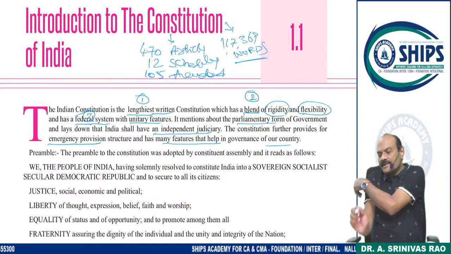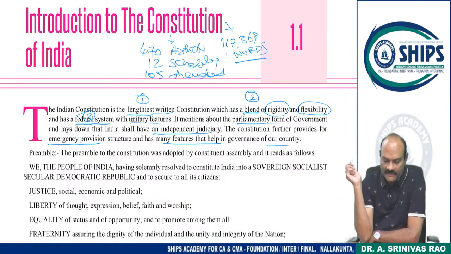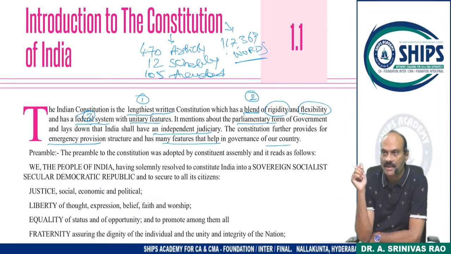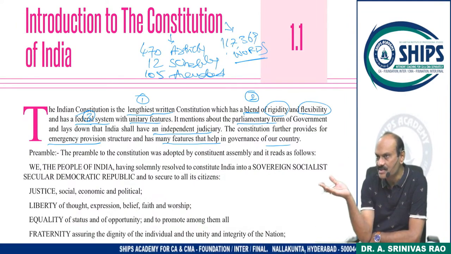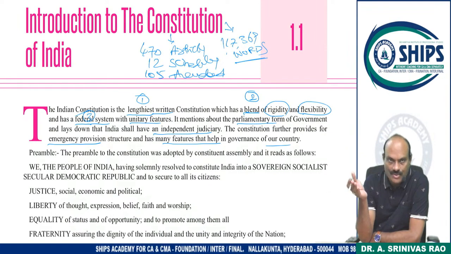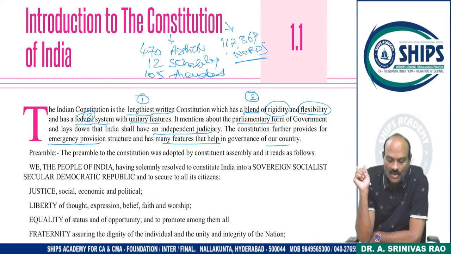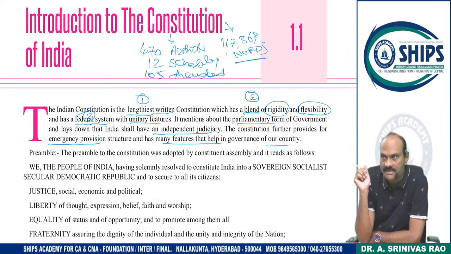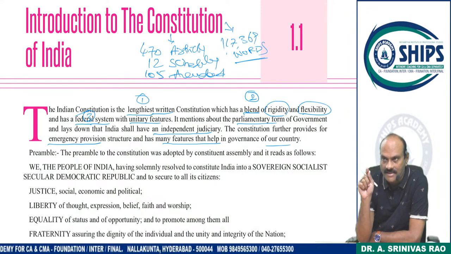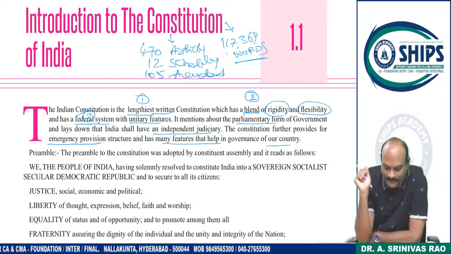So the Constitution of India consists of 470 articles. In legislations you can see sections. In the Constitution you can see articles. No sections here, only articles. Total 470 articles are there. If you remember, the Companies Act also consists of 470 sections only. And the 12 schedules are there.